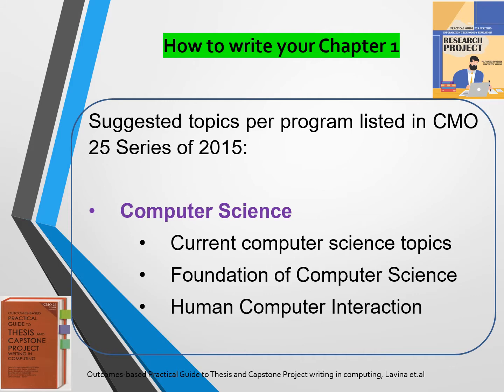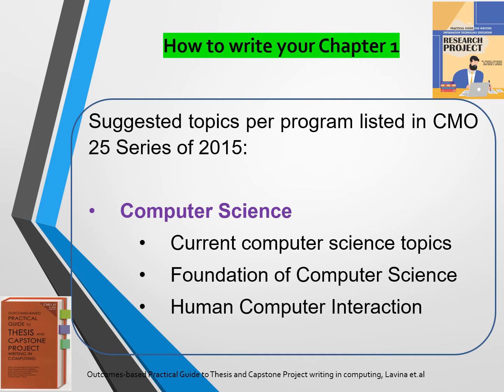Intelligent systems, game development, computer vision, image and signal processing, natural language processing, pattern recognition, and data mining, bioinformatics, graphics application, cloud computing, parallel computing, embedded system, and emerging technologies.